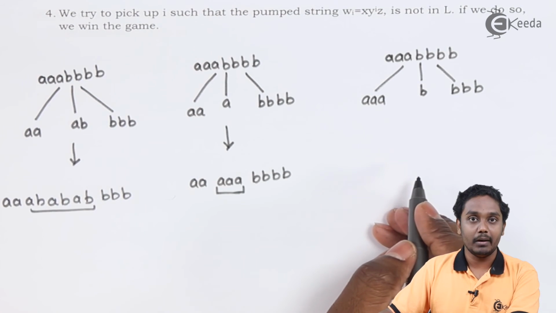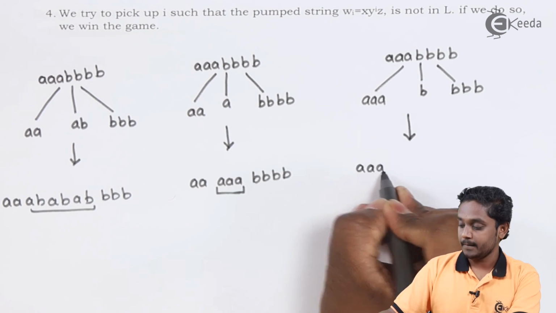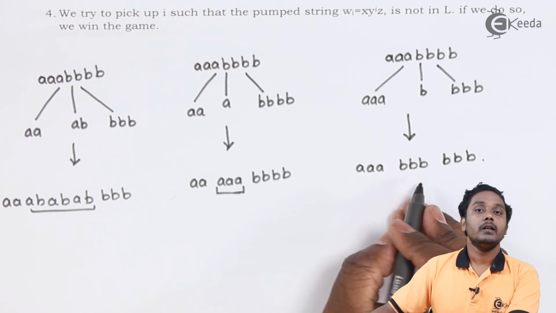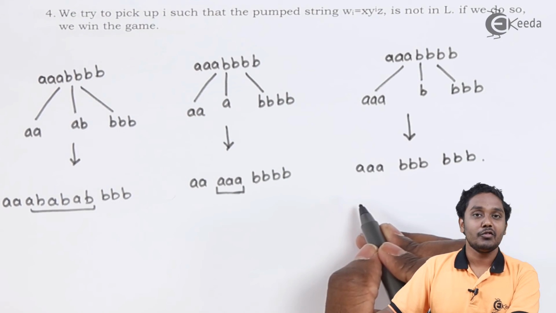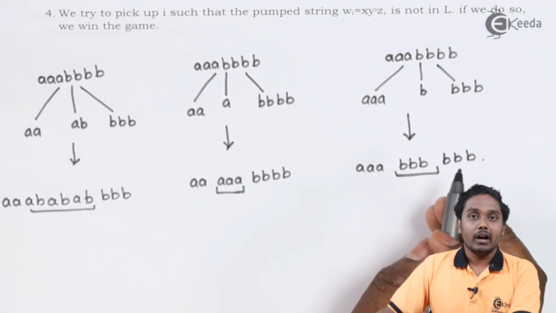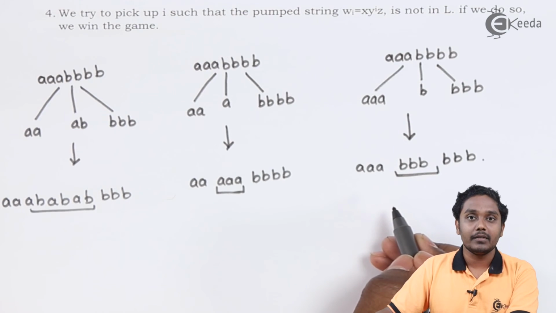Similarly, let us try to pump in the third split. Here also you can see that the string is still in the form a to the power m, b to the power n. Hence, after pumping, we got at least 2 splits in which the language still holds. Hence, we cannot prove that this language is not regular using pumping lemma.